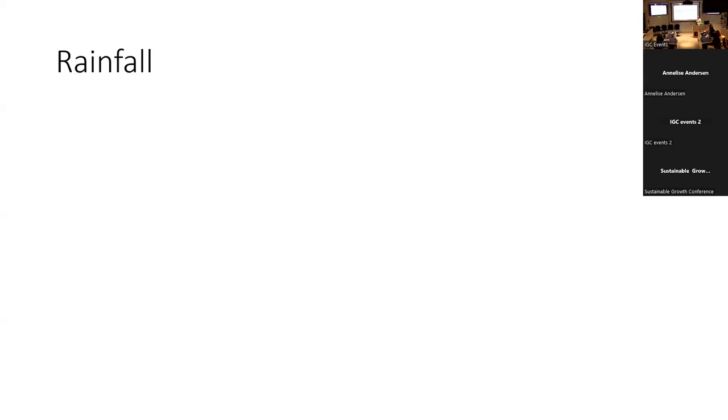Well, before I go to that, let me just say one more thing, which is there's an implication here, something which we didn't expect when we did the study. We don't see anything much going on with maximum temperature, but we see quite a lot going on with minimum temperature and wet bulb temperature.